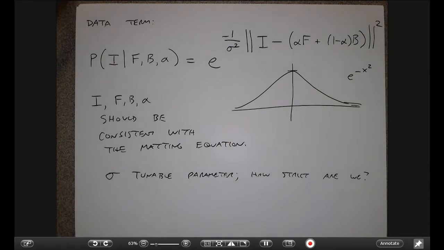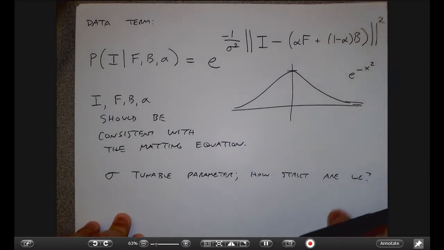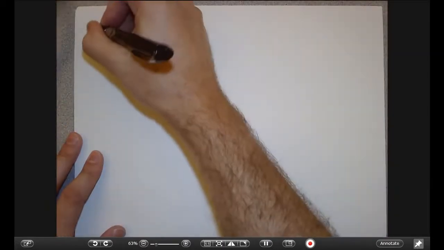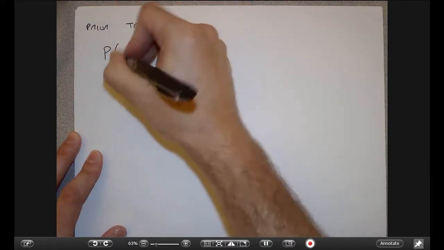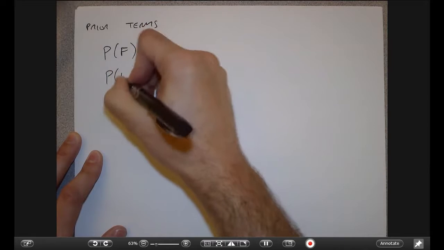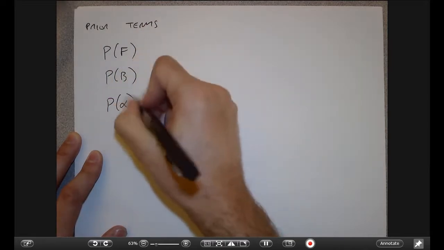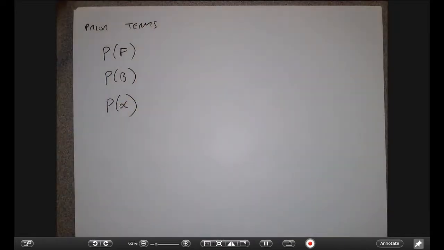Okay. Now, where do I get the other terms? I also need to figure out these prior terms. I need the probability of foreground, probability of background, and probability of alpha, right? Again, these are probabilities that come from the outside.